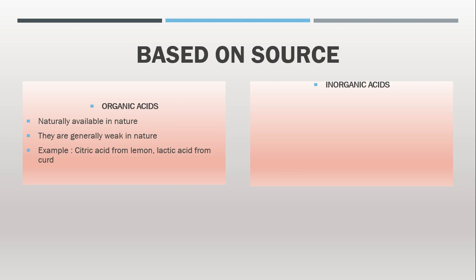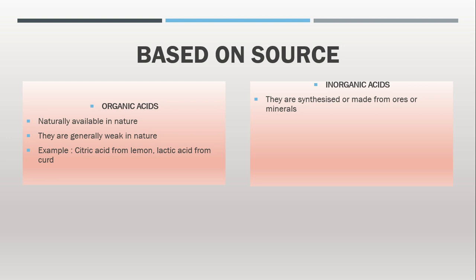Inorganic acids are those, you can have an idea that if organic acids are obtained from nature, that means inorganic acids are manufactured. That means it is not obtained from nature, rather we have to manufacture it. That means they are synthesized or made from ores and minerals.